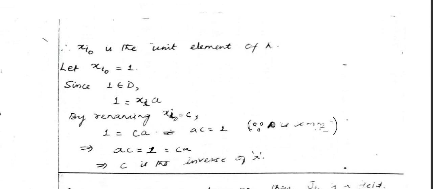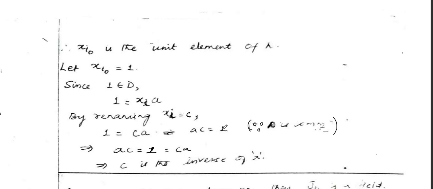Now again, 1 itself being a member of D, 1 should be written as some x_l a. So rename again, just to have this in a nice form, you rename this x_i or x_l, whatever it is, as some c, so that you have 1 equal to ca equal to ac.